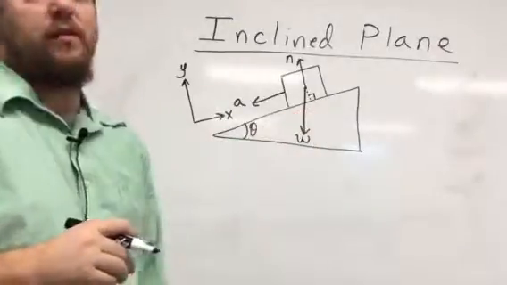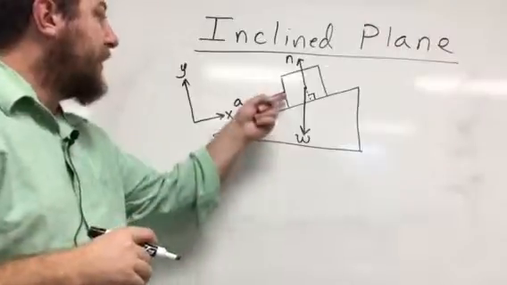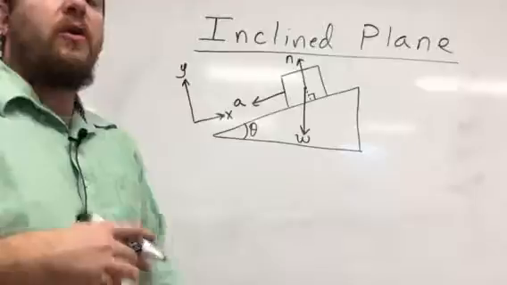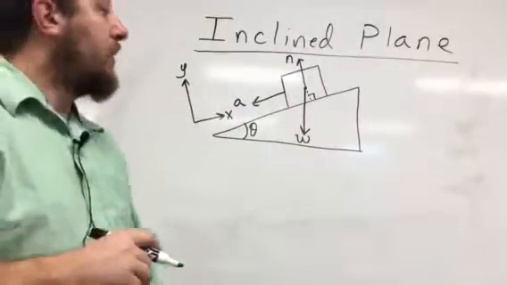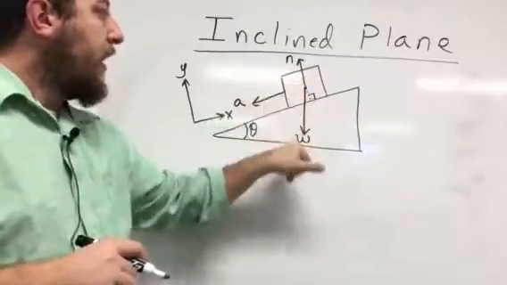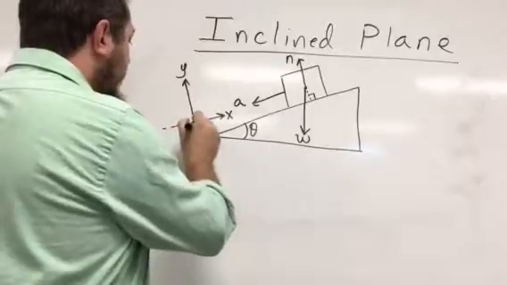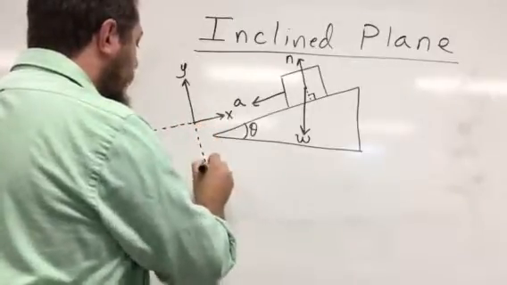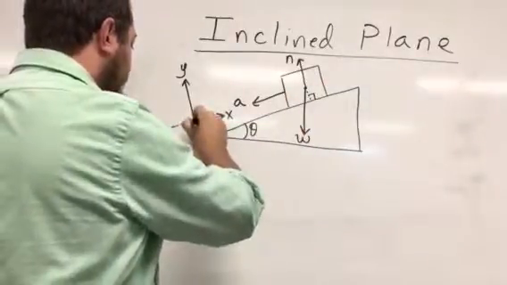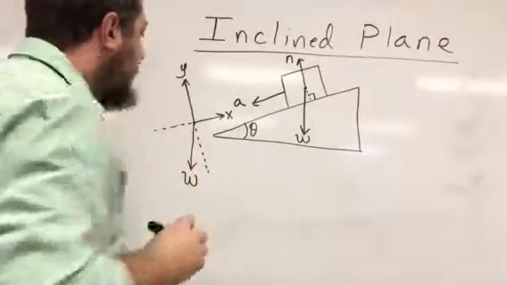Now we still have to deal with the weight, okay? Now, the overall idea here is that the object is accelerating down the incline, and we want to know with what acceleration. Well, we can start with the weight here. If I extend these coordinates down and displace my weight into this coordinate system, I see that it is downward like this, right?